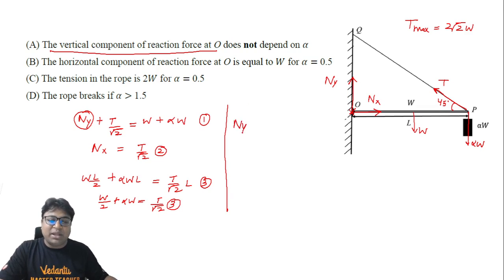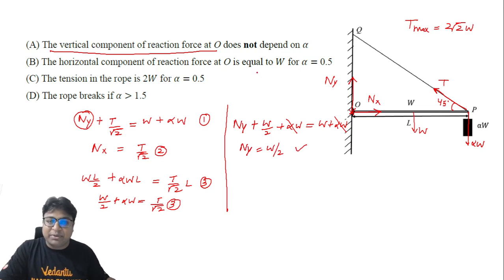So it will become Ny plus W by 2 plus alpha W, equal to W plus alpha W. Alpha W gets cancelled, so we get Ny is equal to W by 2, which is a fixed value and is not dependent on alpha. So option A looks to be the correct one.